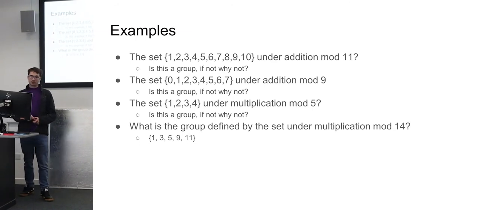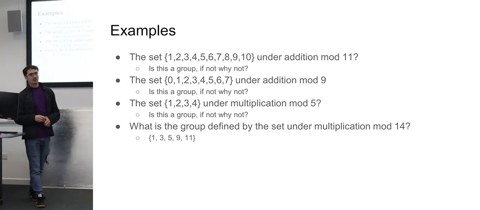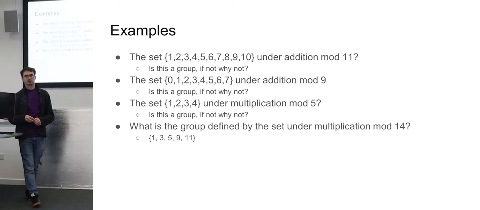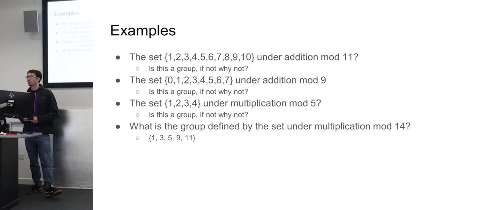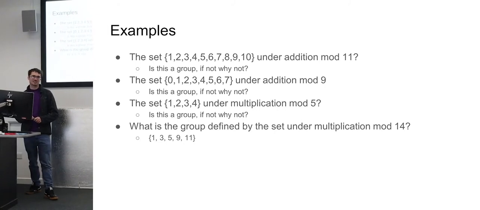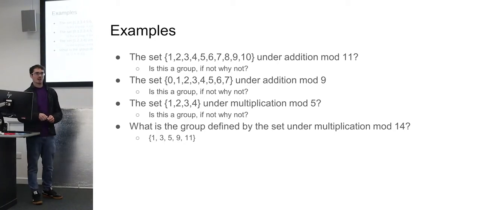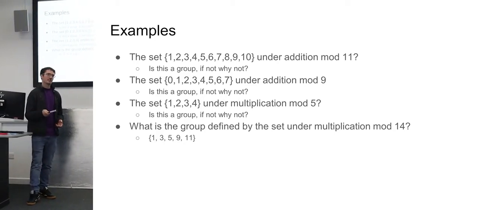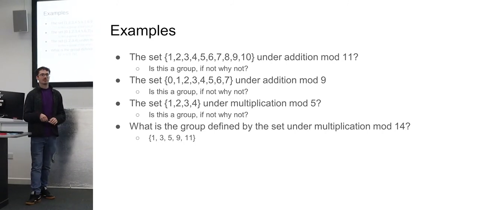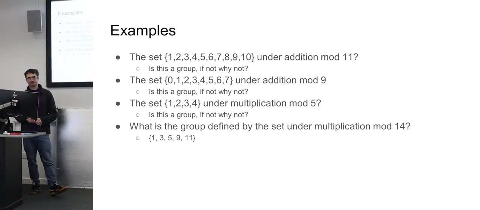How about the set 1, 2, 3, 4 under mod 5 multiplication? What do you say? So this is a group. It's because in multiplication we don't need the 0. The 0 doesn't make sense to model in multiplication.